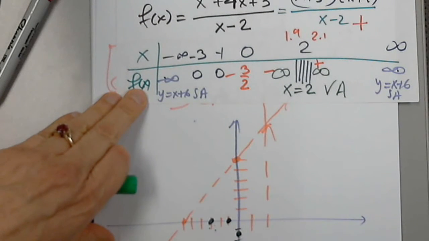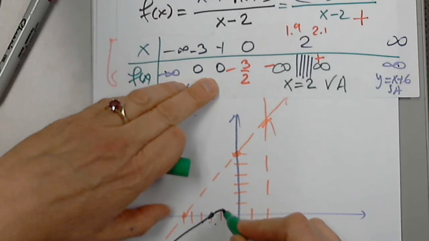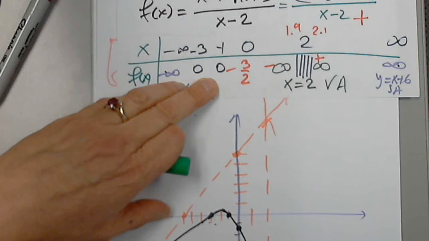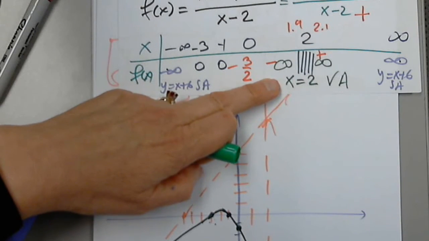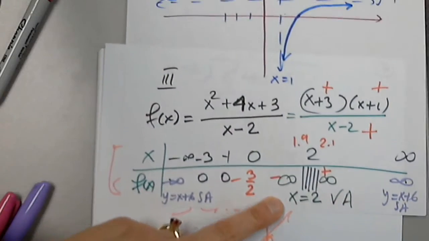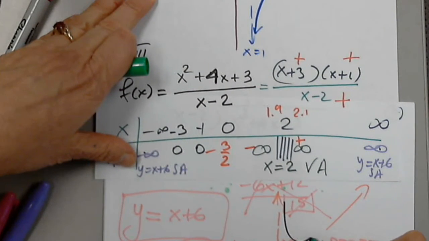So from approaching the slant asymptote, crossing at (-3, 0), coming to a maximum, crossing again at (-1, 0), crossing at (0, -3/2), and approaching the vertical asymptote towards negative infinity. On the other side, from positive infinity, going to positive infinity.